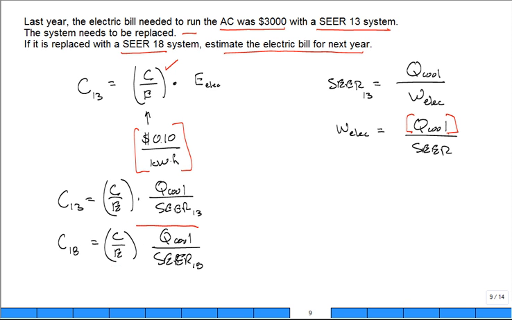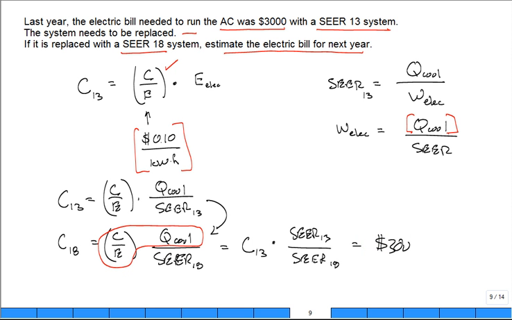I take this block right here and replace it, so I eliminate the cost per unit energy times amount of cooling, and we find that the cost of using an 18 SEER unit for a year is the cost of using a 13 SEER unit multiplied by the SEER number 13 divided by SEER number 18. Substituting numbers, we had $3,000 last year using a 13 SEER. It's going to be an 18 SEER for next year.